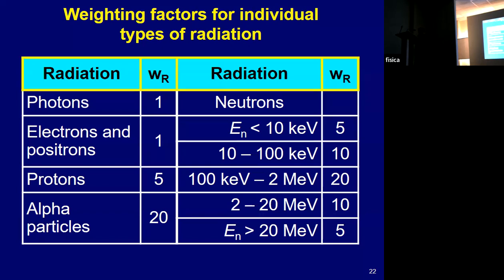For X-ray and gamma radiation, WR is equal to 1. For all other ionizing radiation, these coefficients are greater than or equal to 1.